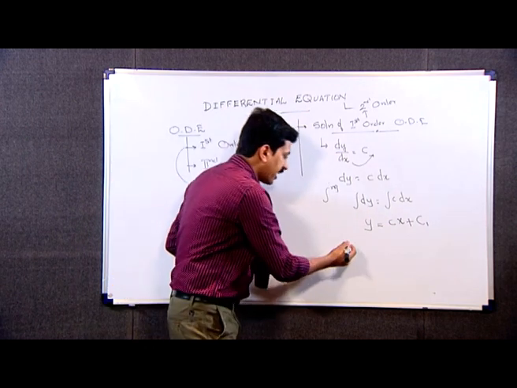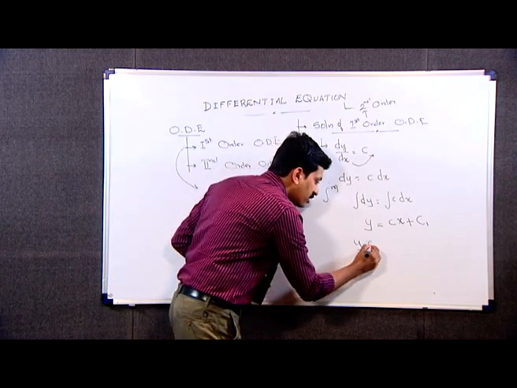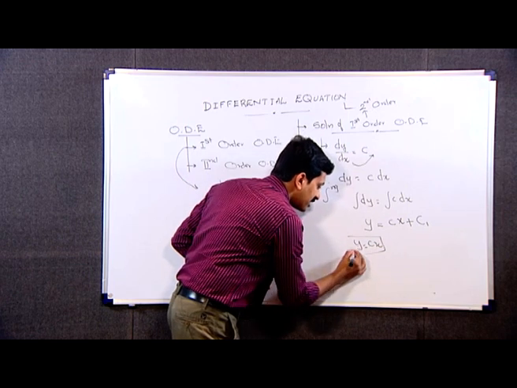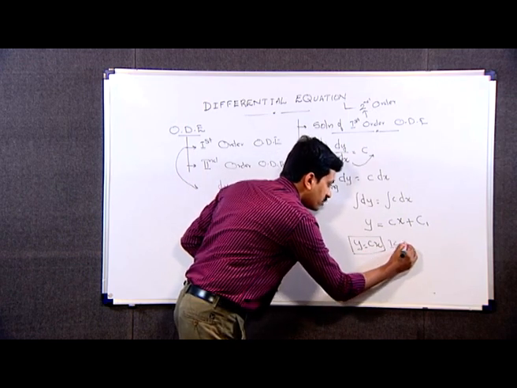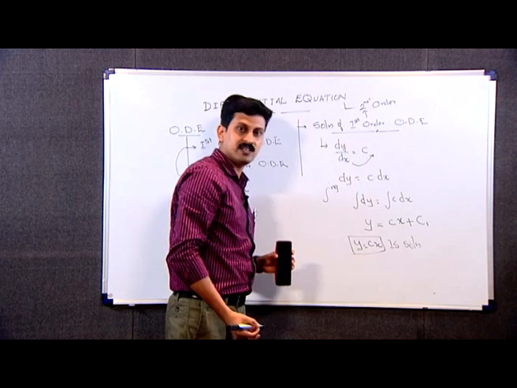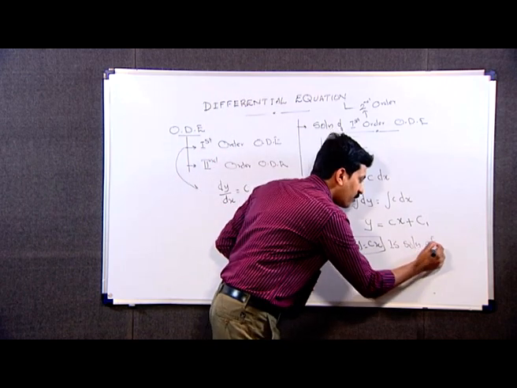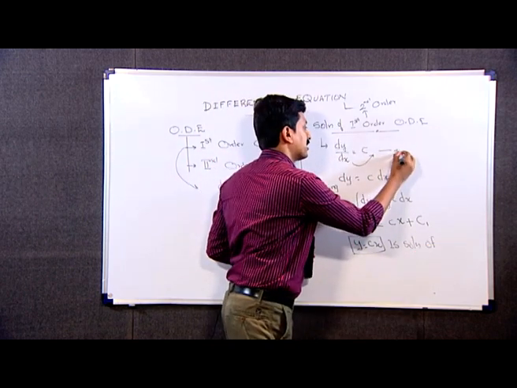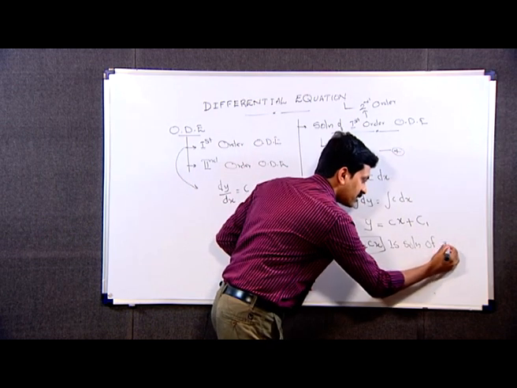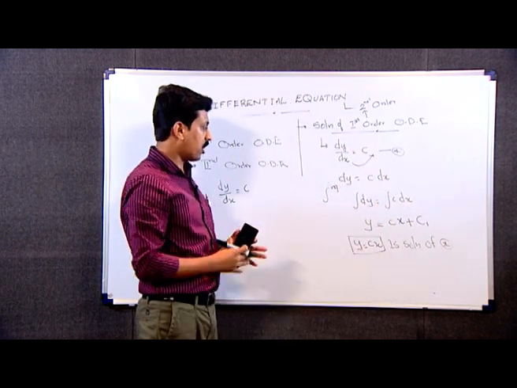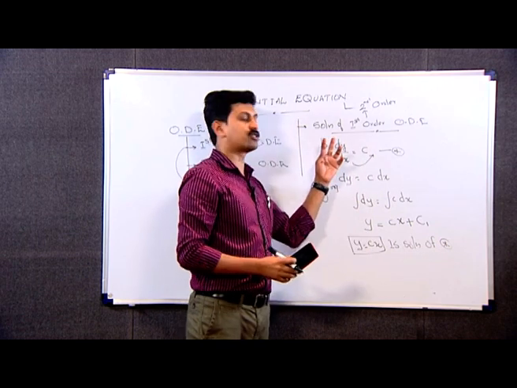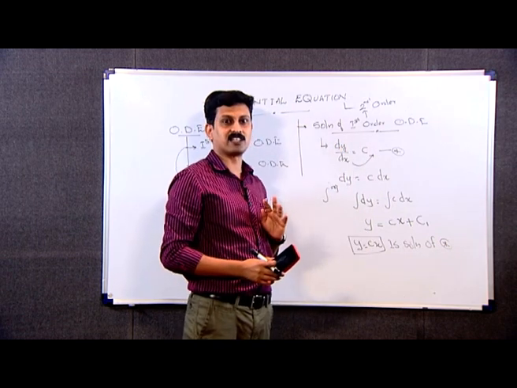Now I can say that y is equal to cx is a solution of this differential equation, the solution of star. How can I say this is a solution of this differential equation star?